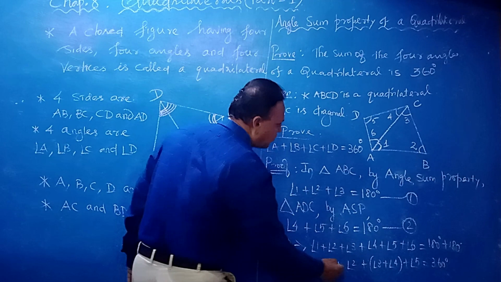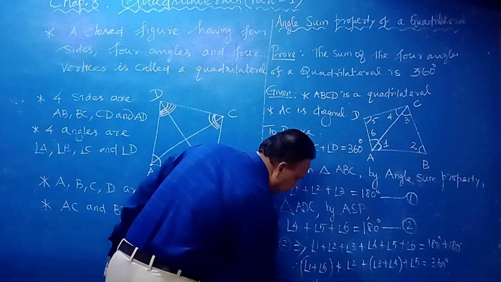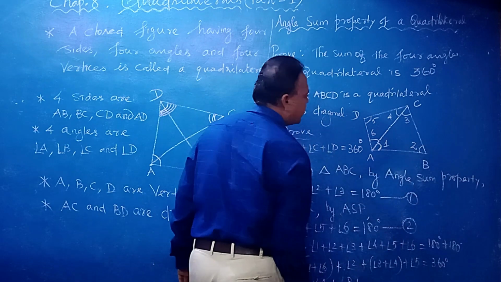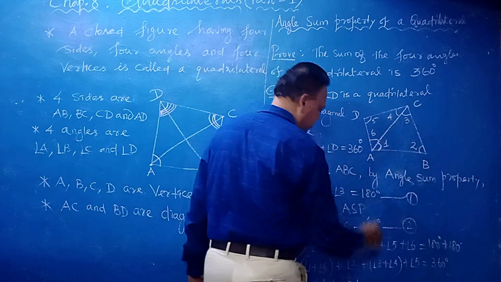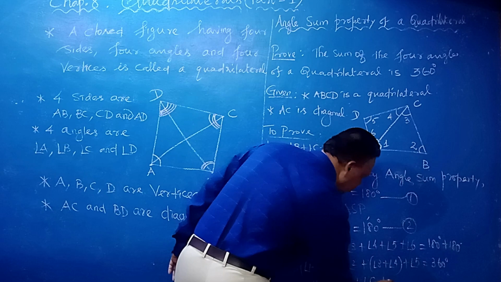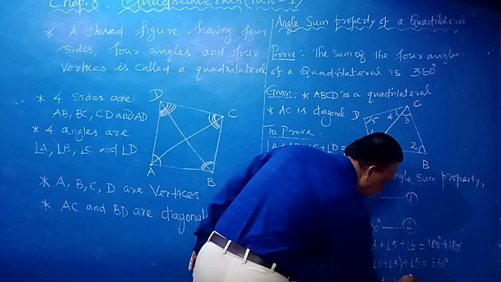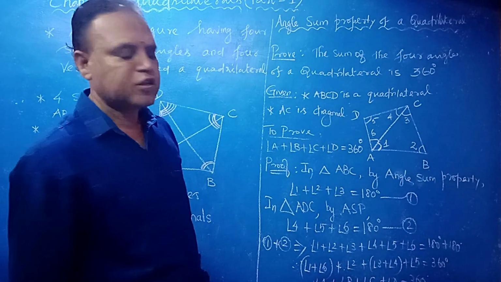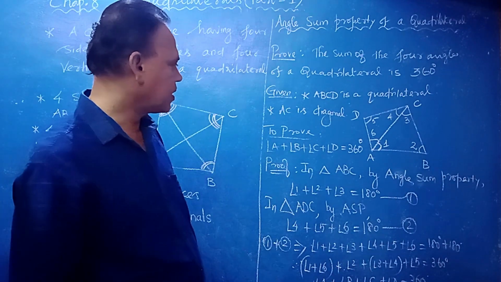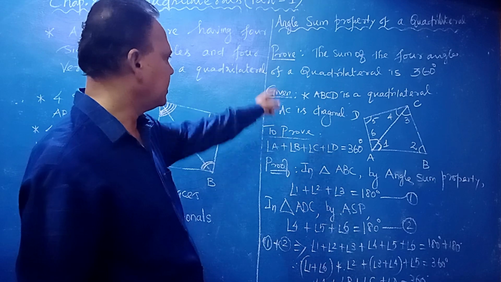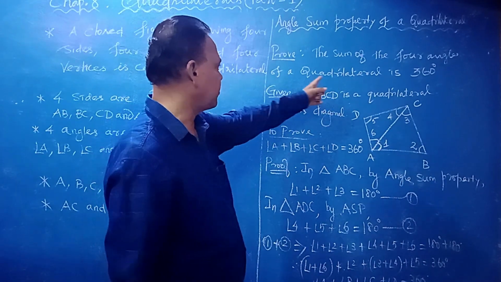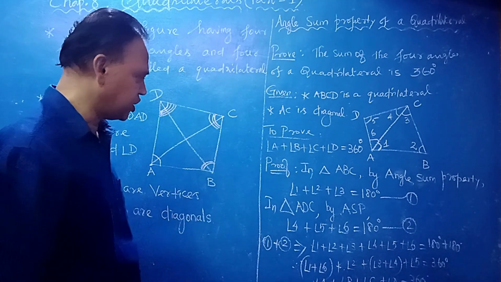So angle 1 plus angle 6 is angle A, angle 2 is nothing but angle B, angle 3 plus 4 is angle C, and angle 5 is nothing but angle D. Understand? So hence proved. Then you write: thus the sum of the four angles of a quadrilateral is 360. Hence proved.